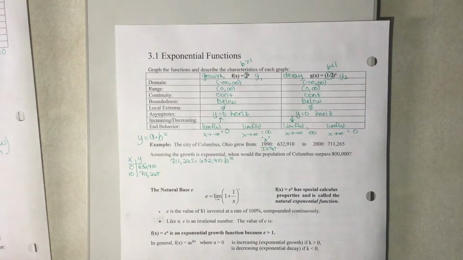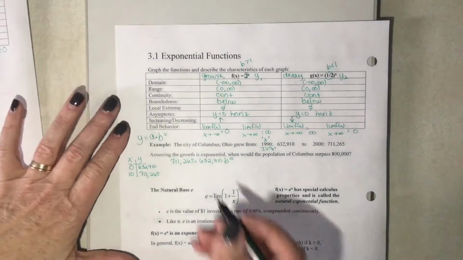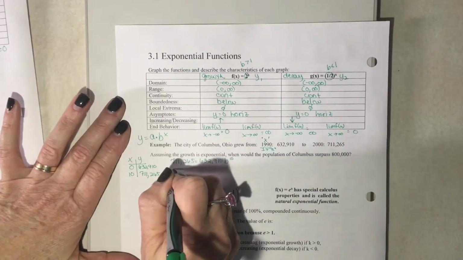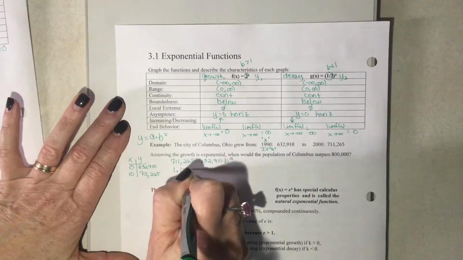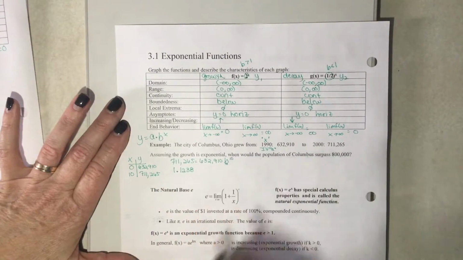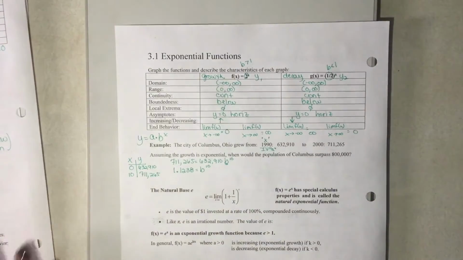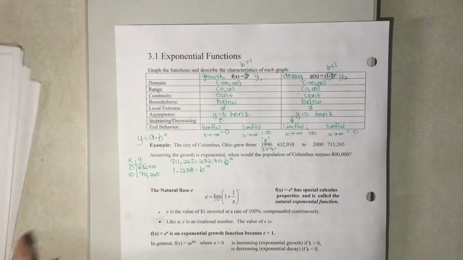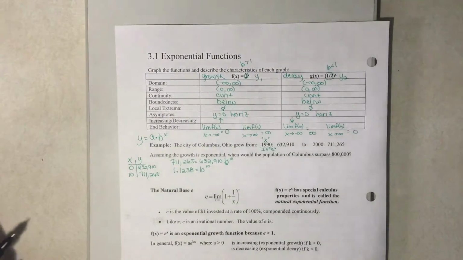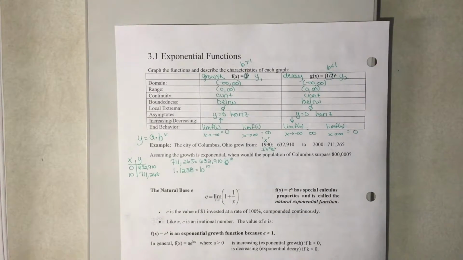What's my first step in solving this? Divide by 632,910. Because I want to isolate my base. I want to get the base by itself. And this is where we were talking about yesterday, how to find a higher level root, higher number root on our calculators.